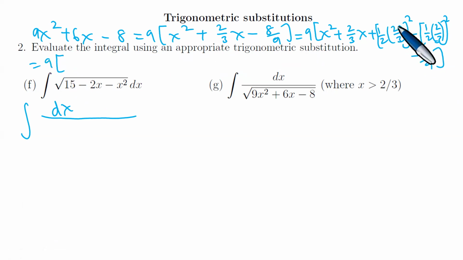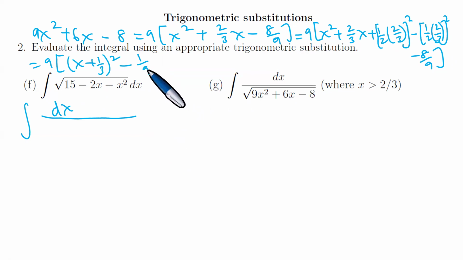Okay, so you cancel this. x plus 1/3, you square this, which is x plus 1/3. So you cancel this now, getting x plus 1/3, you square this, minus. You cancel this, which is the 1/3, and then you square this.